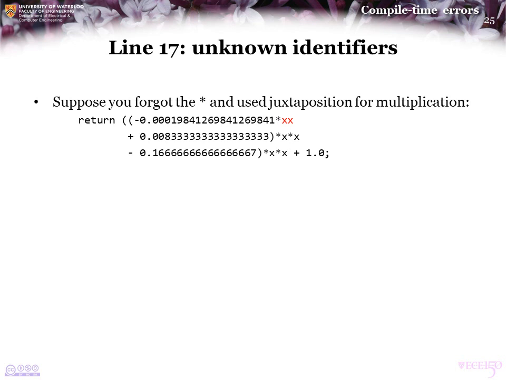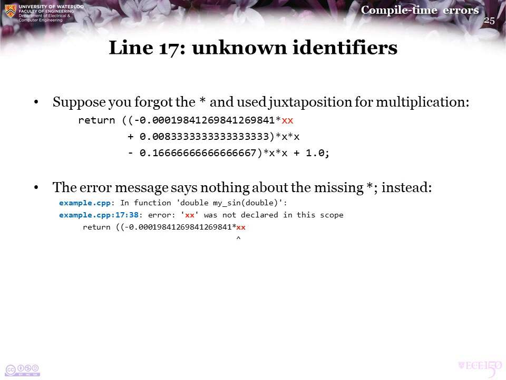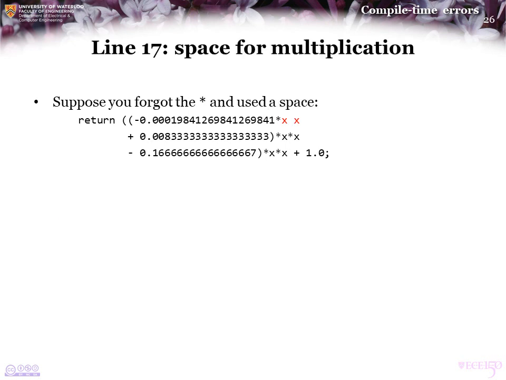However, the compiler does not do this. Instead, the error message says nothing about a missing asterisk. Instead, it says that the identifier XX was not declared in this scope. It's basically saying I have no clue what the identifier XX is. But at least it points it out, and you can then fix it.